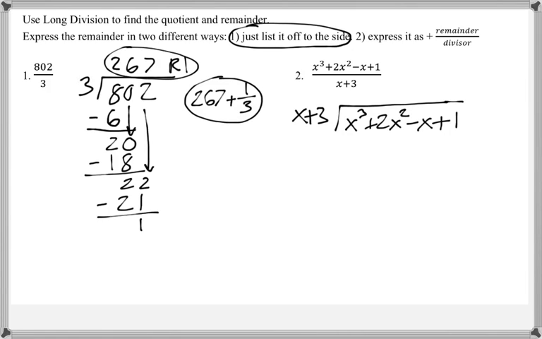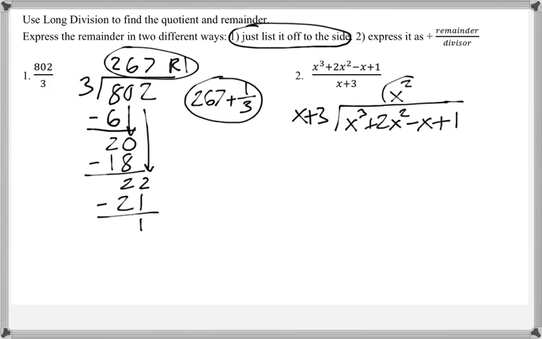So I want to look at the x and the x cubed. And I need to ask myself, what do I need to multiply x by to get x cubed? And that would be x squared. So I'm going to put x squared above the x squared here.